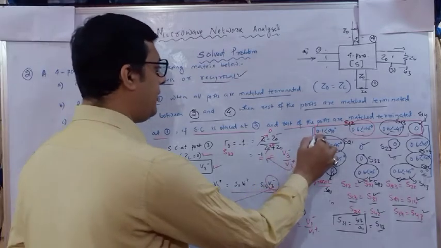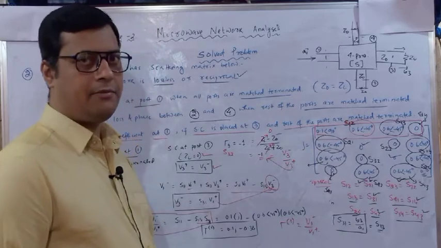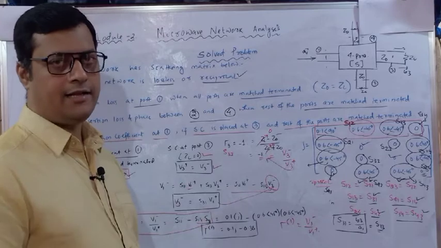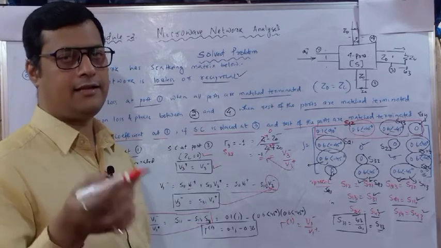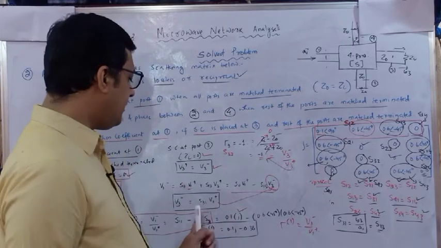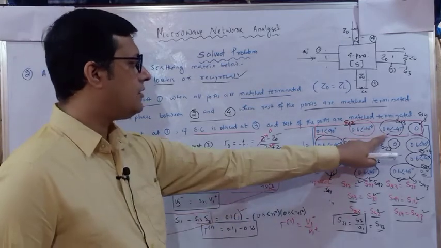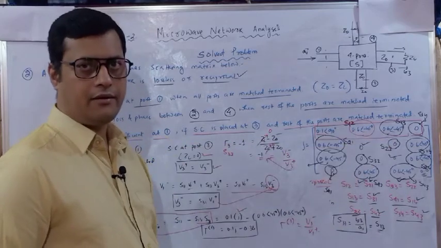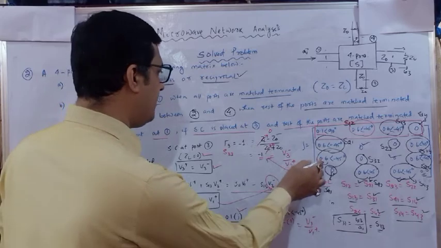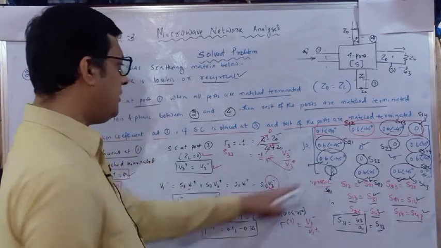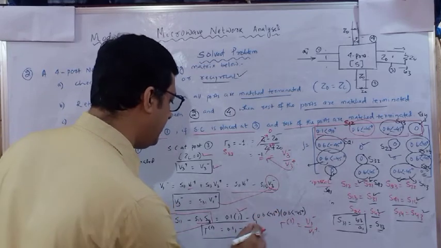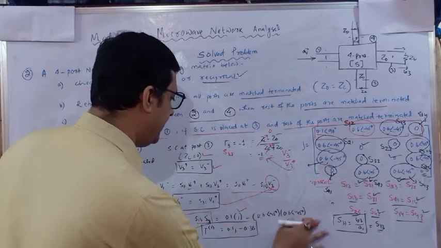So S13 into S31 equals how much? S11 is how much? 0.1 angle 90 degrees. That means 0.1 j, because cos 90 is 0 plus j sin 90, which is 1. So it is j. Directly I have written. Next, S13 is 0.6 angle minus 45, and S31 is also 0.6 angle minus 45. Here I have missed the minus sign, so it will be angle 90 degrees.